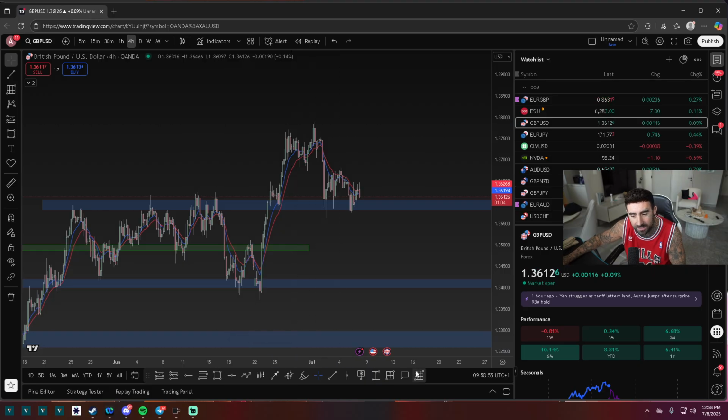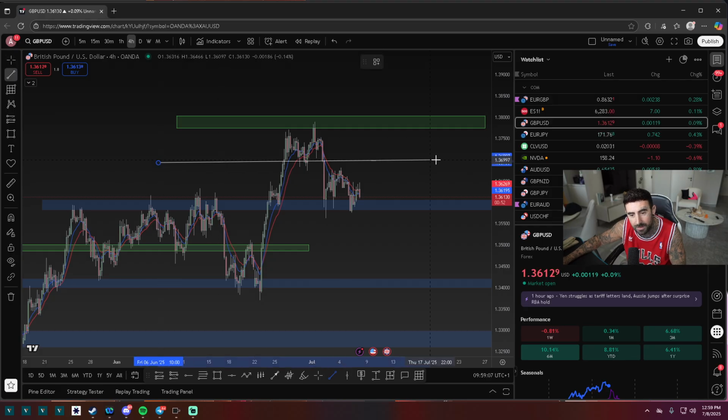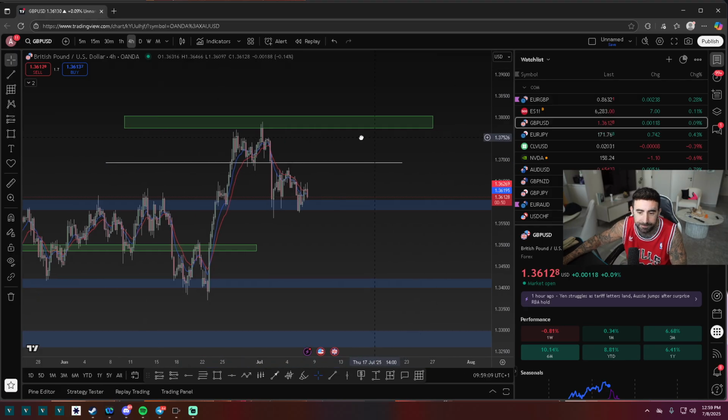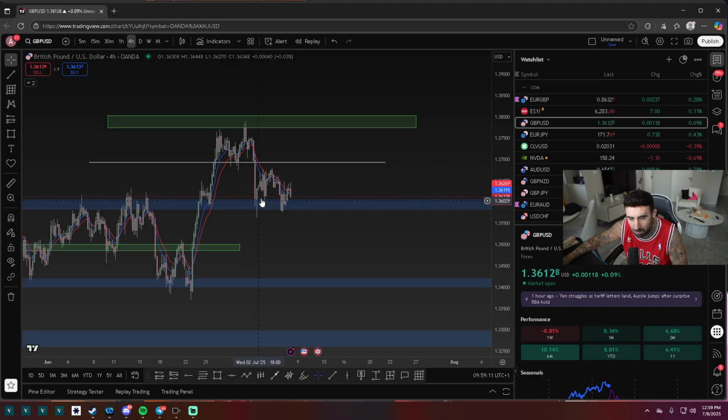That right there is my trading range for the time being. 1.38 and 1.36. We have got the mid level of 1.37 right there, if you can see. So right now we're subdued, under 1.37 but above 1.36.